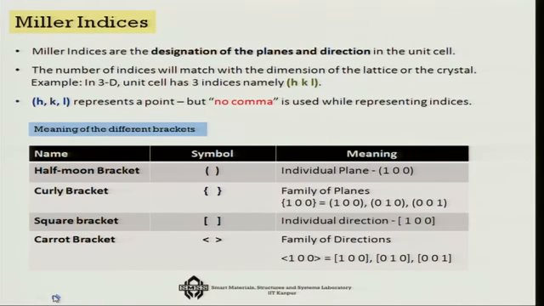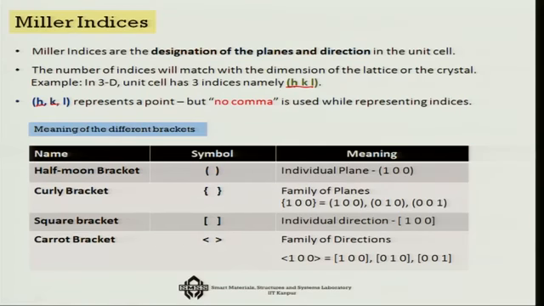For example, if it is 3D, then there are 3 indices that are used: H, K, L. And the other important thing here is that if there is a comma between H, K and L, then that would mean that we are referring to a particular point. But if there is no comma, then it would mean that we are referring to an individual plane. So, this comma plays a very important role.